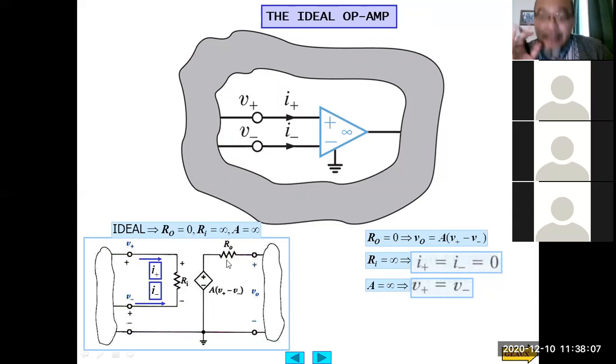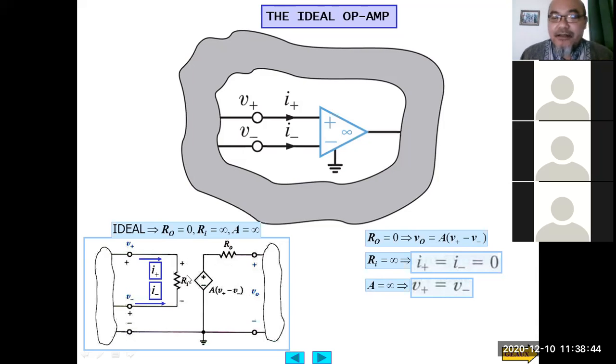In reality there is an Ro in a real op-amp, although very small, so there is a voltage drop: V output equals this minus Ro times some output current. But ideally, in this course, we deal with circuits with ideal op-amps. So ideally Ro is 0, so no voltage drop across this wire, and V output equals A times the difference between V plus and V minus.